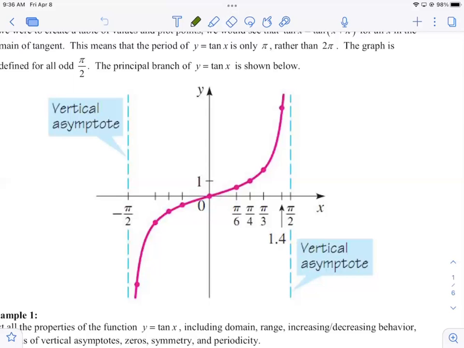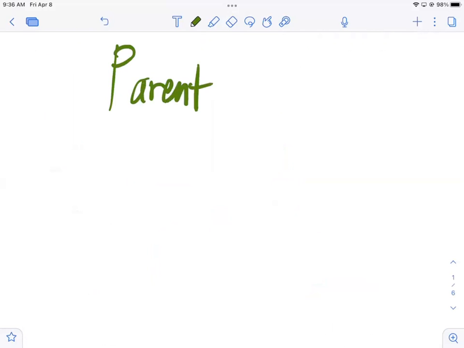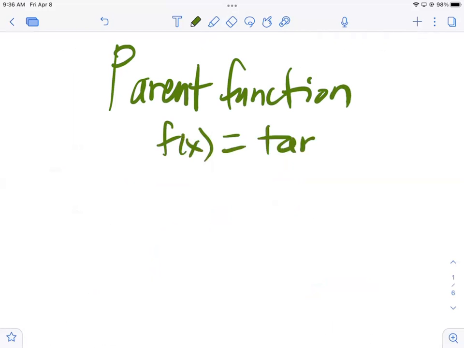So they have a period of pi by default. So if you want to sketch what the graph of tangent looks like, here's your new parent function. We're going to call this f of x equals tangent of x, where x is the angle in radians.